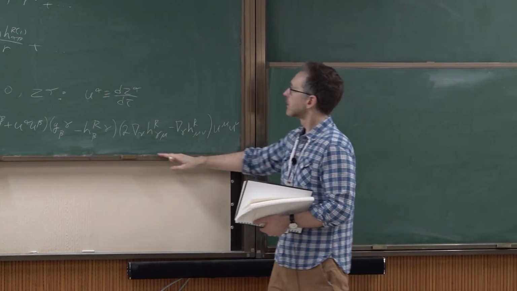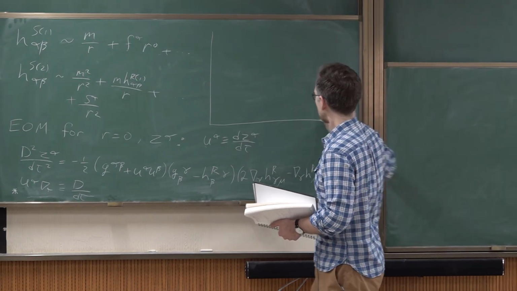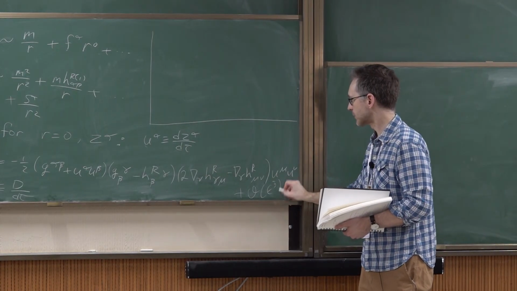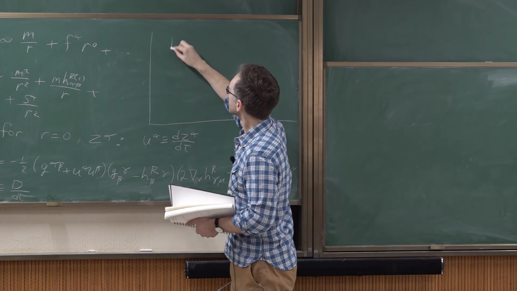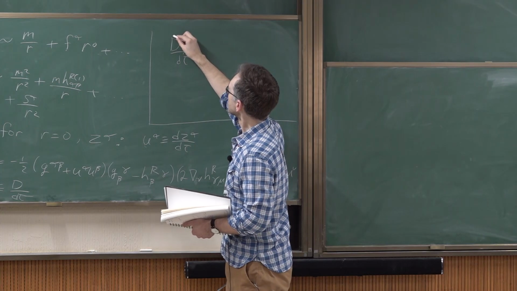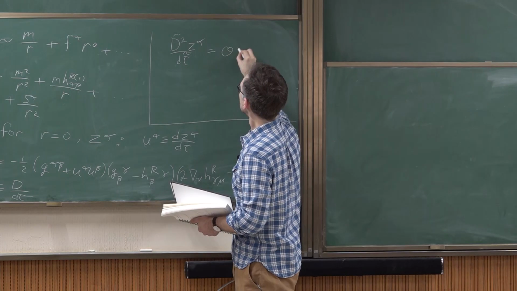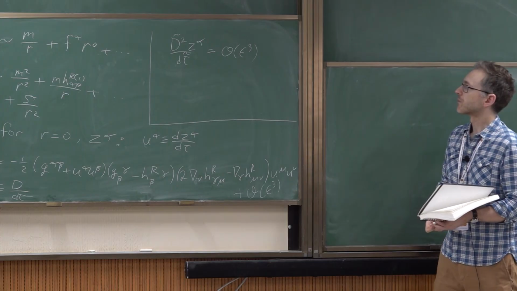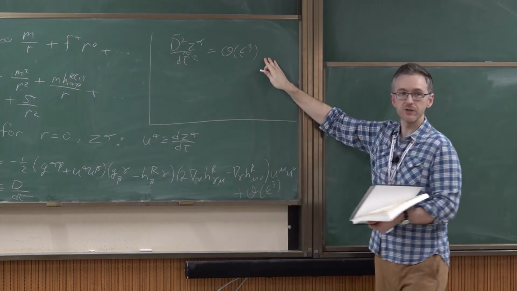And let me restate that. This is up to order epsilon cubed, so plus a residual order epsilon cubed. So this is totally equivalent to a different equation of motion, where I'm going to put tildes on top of everything. This is just the geodesic equation.